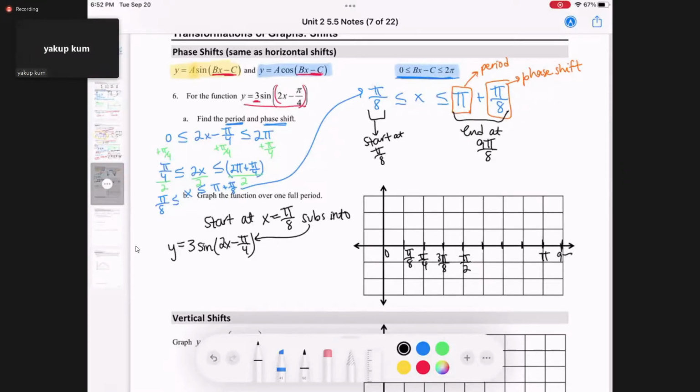Right? The starting point is also our phase shift. Sorry, say that again. The starting point is also the phase shift. Yeah, so the starting point should be the phase shift as well. But the problem is if you did combine it, then you don't necessarily know the period, right?